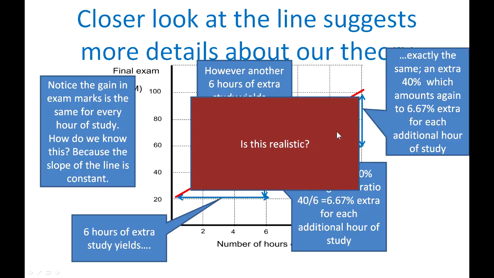Now, is that really realistic? When we start looking at the implications of this very simple theory, we really start to question whether it's a depiction that we would believe possible in the real world. Is it possible that we get a constant return from extra hours of work?